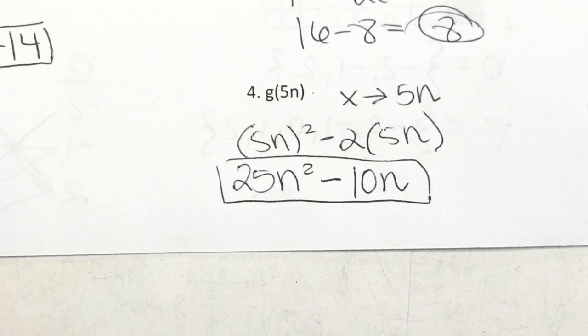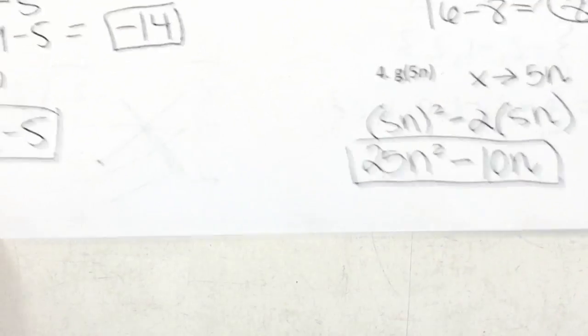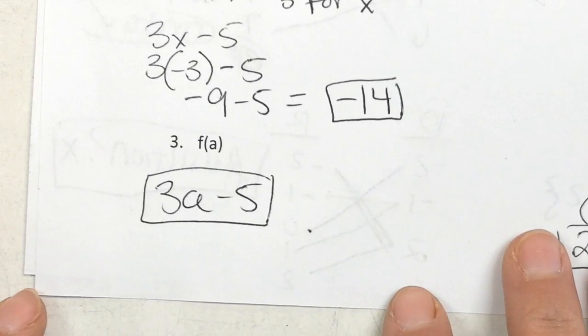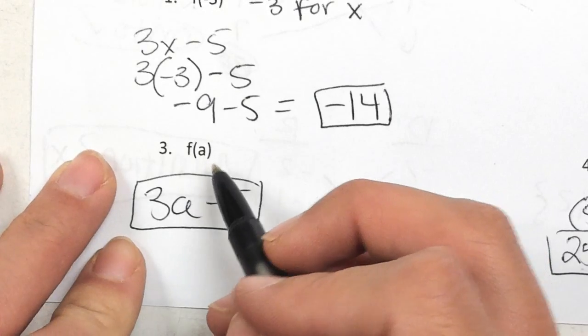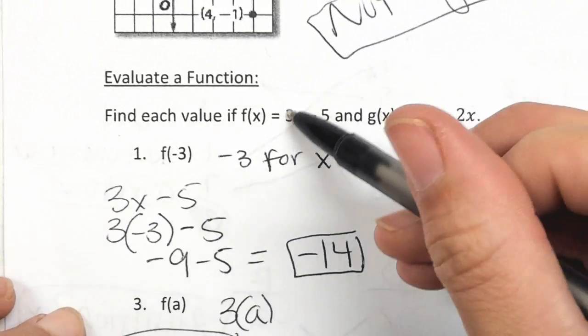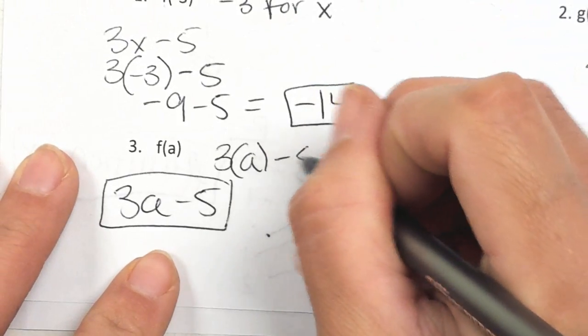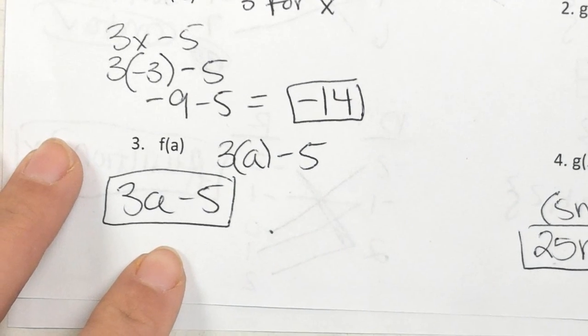Justin, what'd you get for your answer? 3a minus 5. Good. Any questions about how we got that? This one's asking us to plug in what for x? A. So you put 3, and instead of x, we'll put a minus 5. And then just multiply those together, you'll just get 3a. Can't subtract them because they're not like terms.